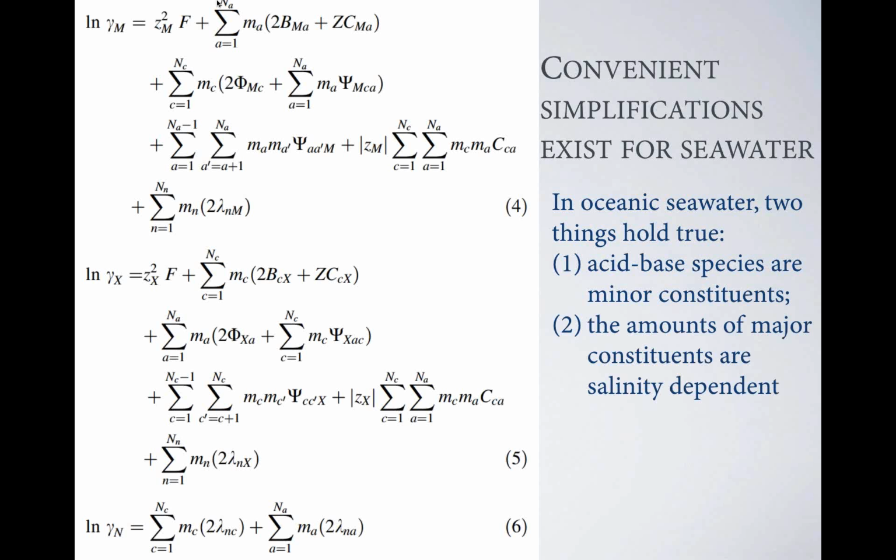And in seawater, and this is the big key, the amounts of the major constituents are salinity dependent. So we end up essentially that the activity coefficient term is a simple function of salinity, temperature, pressure. So suddenly this picture just disappears and we say, okay, we've got a term that's just a function of salinity.